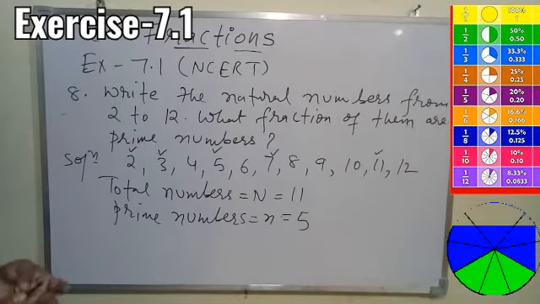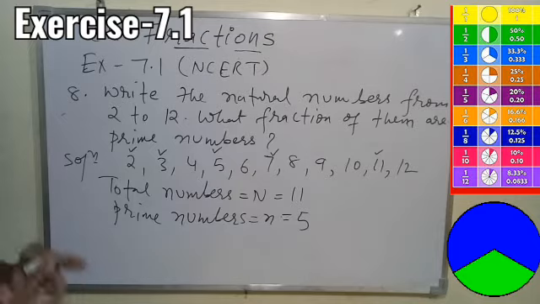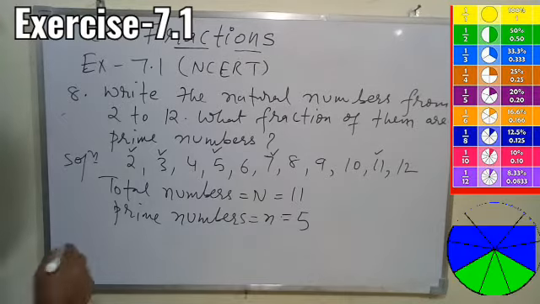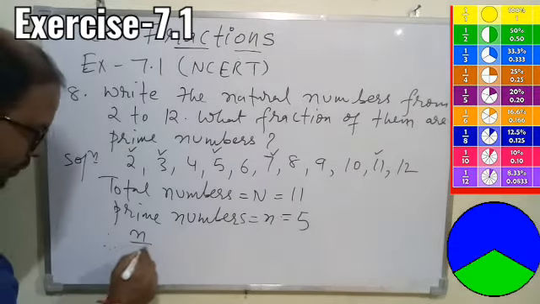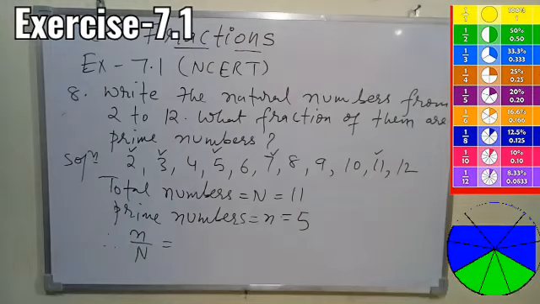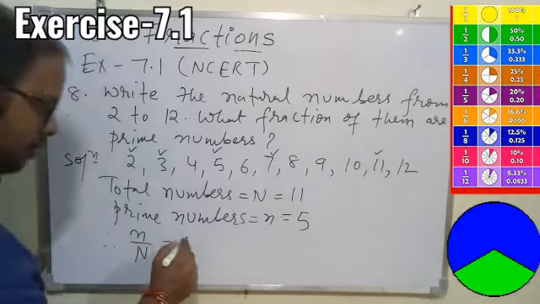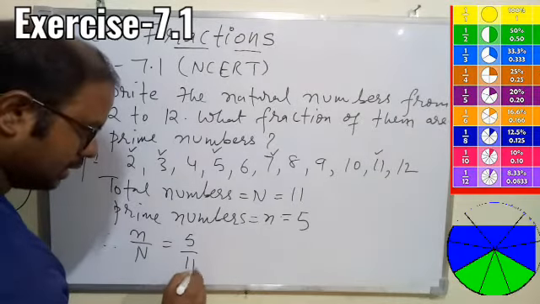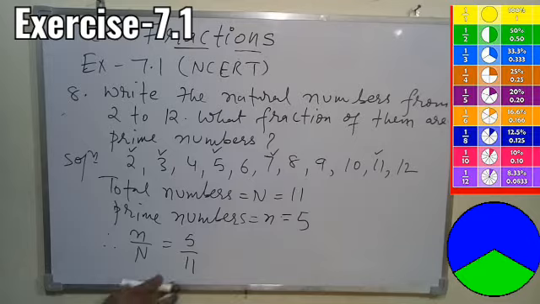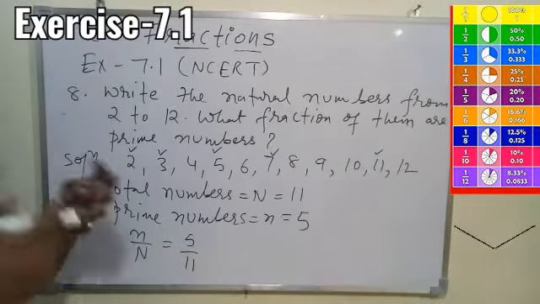So how to show it with the help of a fraction or number? It is nothing but small n upon capital N, that is 5 divided by 11, and this is our answer. That is, out of 11, 5 are prime numbers.